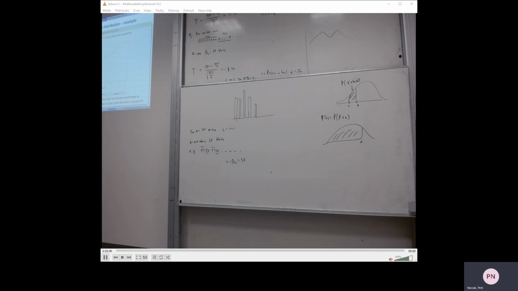For example, if we would like to estimate the probability that we would need to wait for the bus for 6 minutes or less, we would just take a look at the functional value, which is just the number of observations below 6. Okay, 1, 2, 3, 4, 5, 6, 7, 8, 9, 10, 11 over 15. So a pretty straightforward estimate.